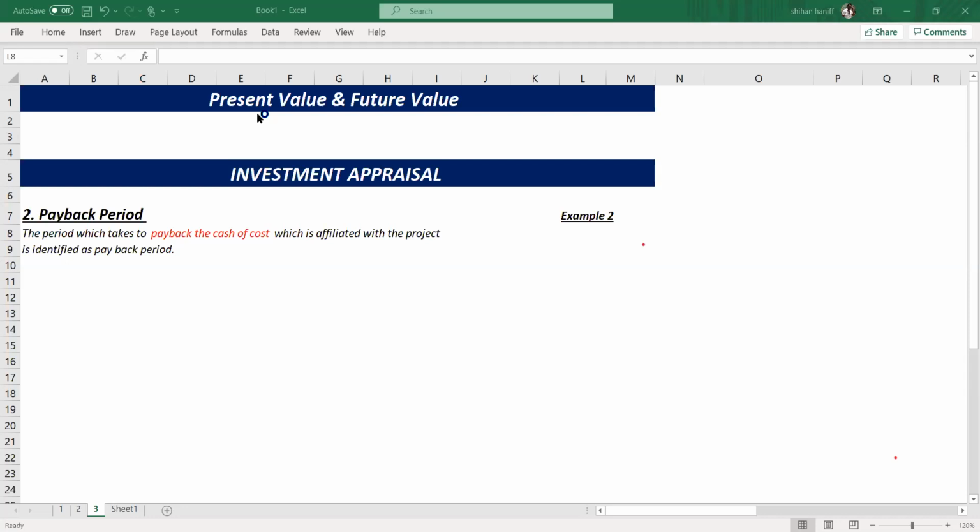So a simple definition we will also write. Payback period refers to the amount of time, or we can say it refers to the period it takes to recover the cost of investment.